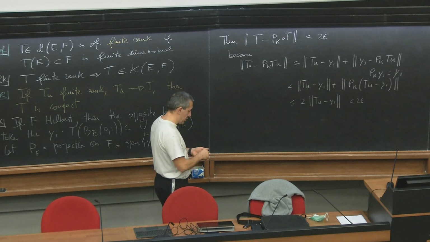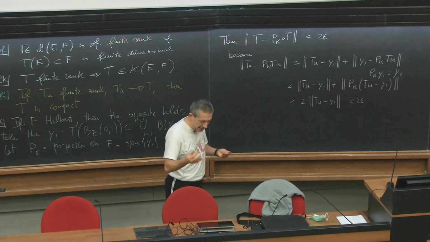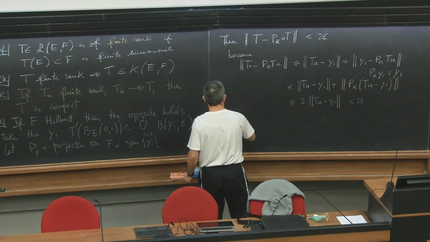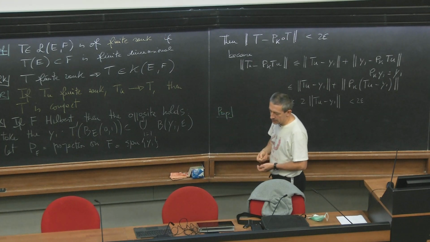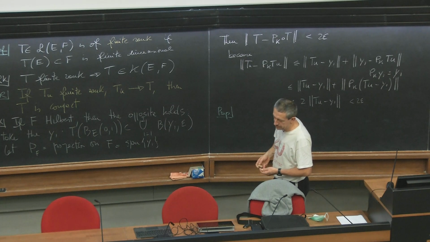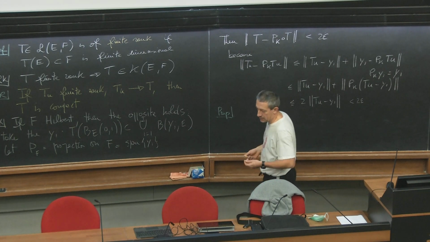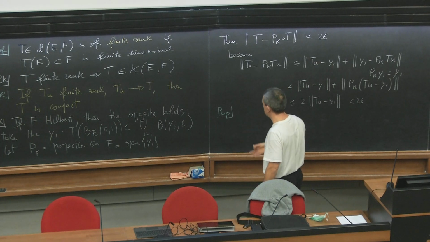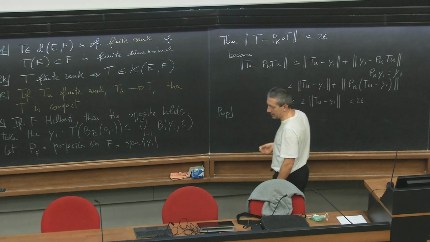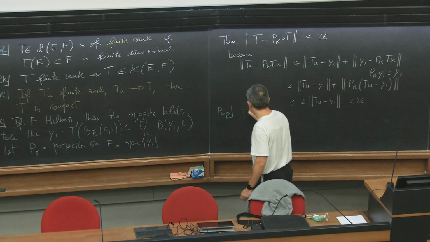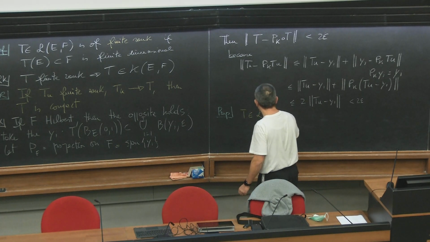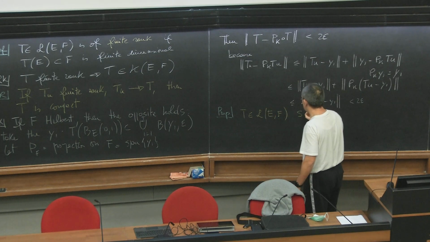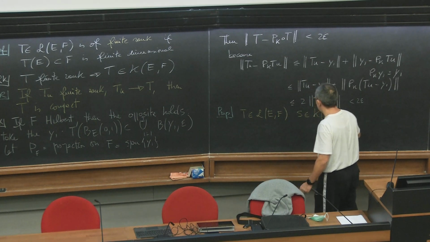What about composition now? These are some elementary facts. Let's say that T is linear and S is compact.